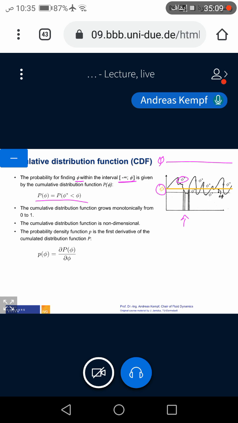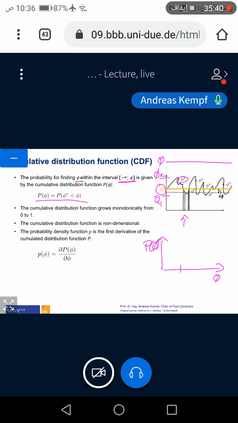Let's sketch the cumulative distribution function for this case. Let's introduce here something that's around the lower limit of our signal. Let's call this phi 1. This upper limit would be something like phi 2. Then we can draw the cumulative distribution function over the value of phi, or we have the cumulative distribution function uppercase P of phi.